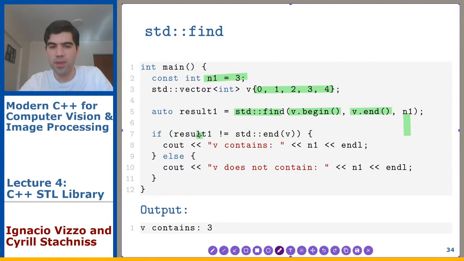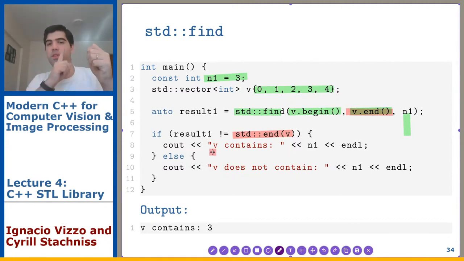If this iterator is different from the end, it means that it contains the element, because it searched through the elements and found it at this point. And if it's equal to the end, this means that it went through all the data and didn't find it.